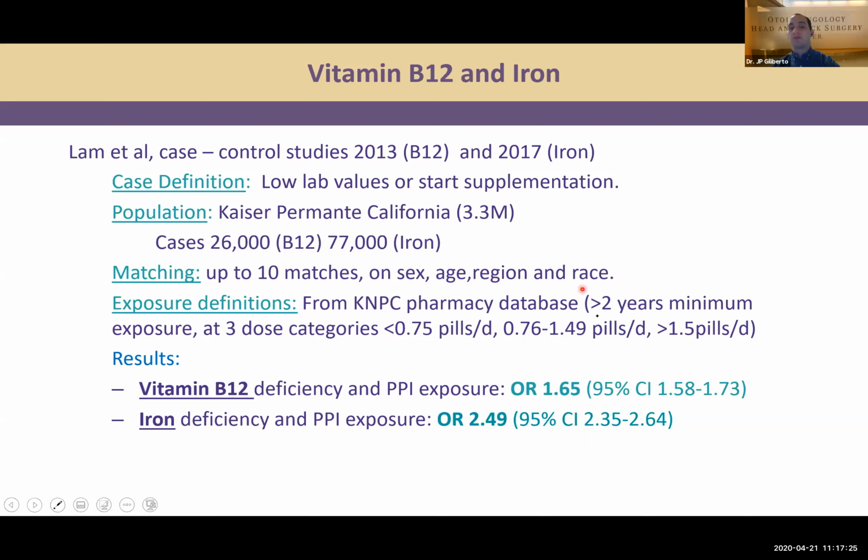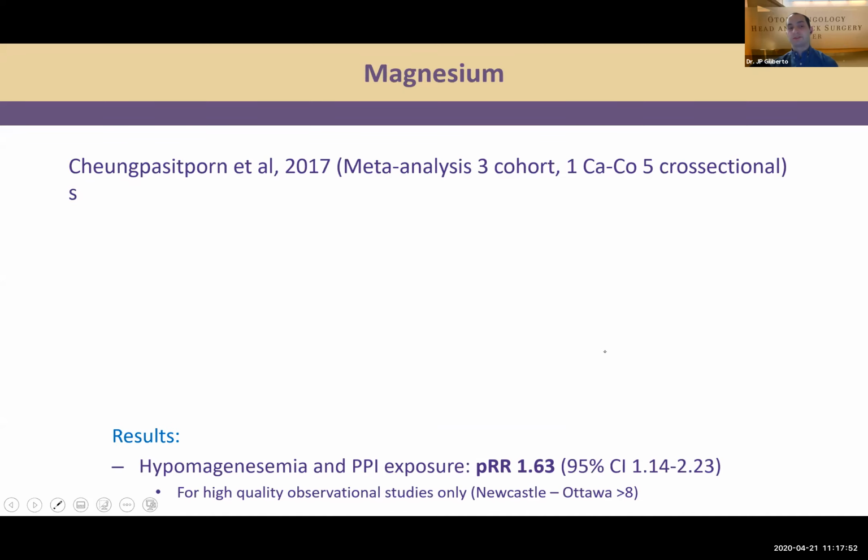They also evaluated a dose response curve by looking at the number of dose categories. Having said that, it's important to understand that these categories look at a deficiency. They don't look at resulting problems like symptomatic anemia requiring transfusions or neuropathy from B12 loss. So they are a lab value, not necessarily a clinical entity, and it is a case control study.